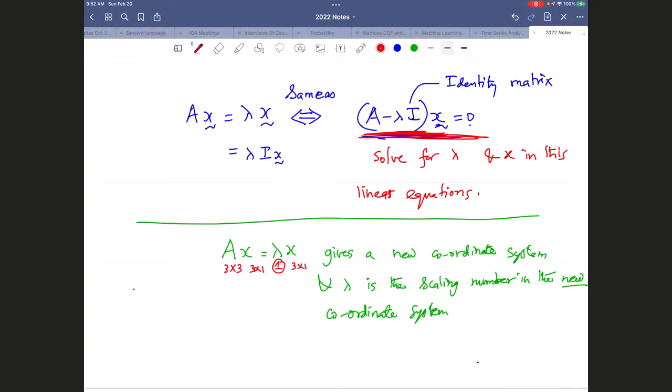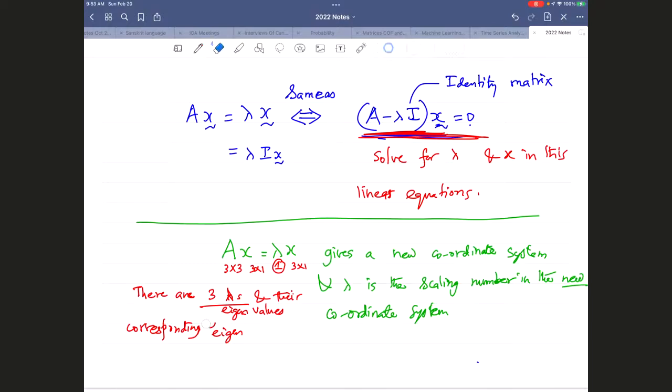So the result in the end is that there are 3 lambdas, which are called eigenvalues, and corresponding eigenvectors, 3 eigenvectors.